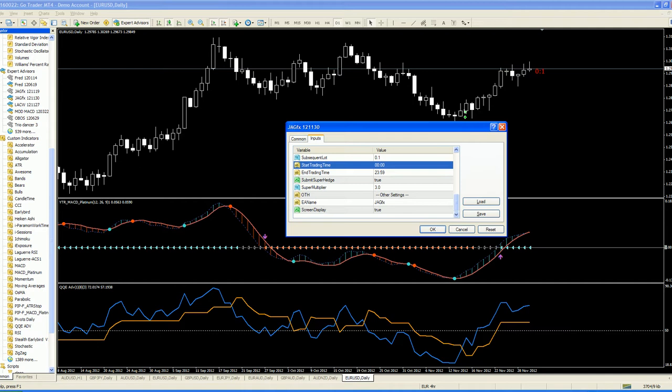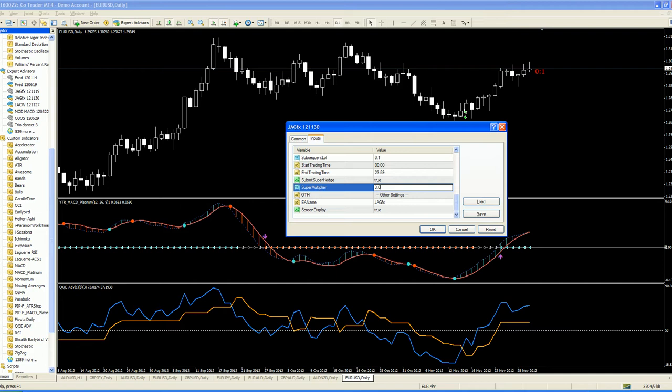So if my last trade size was 0.2 of a lot, if I put, like here it's got 3, my super hedge trade would be 3 times that, which would be 0.6.